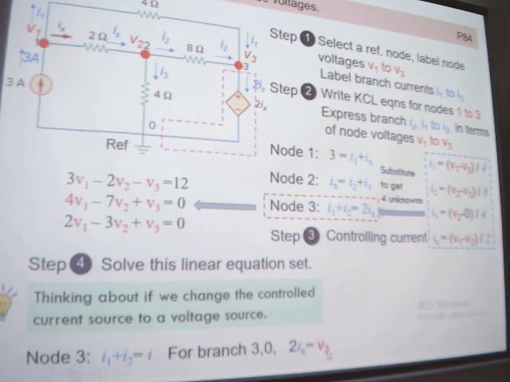And then for branch 3, 0, and we get this one, 2Ix equal to V3, because this one becomes a voltage source. Now you can see here is voltage source, right? Clear? So our V3 is equal to 2Ix.